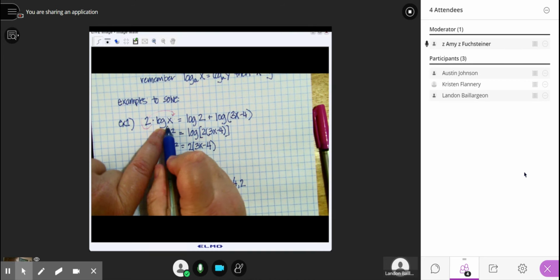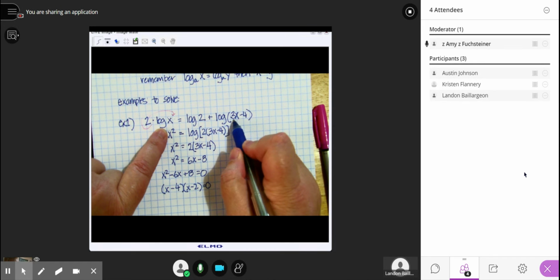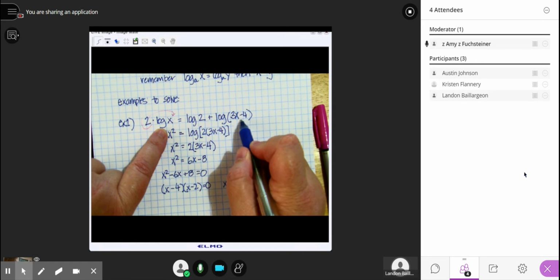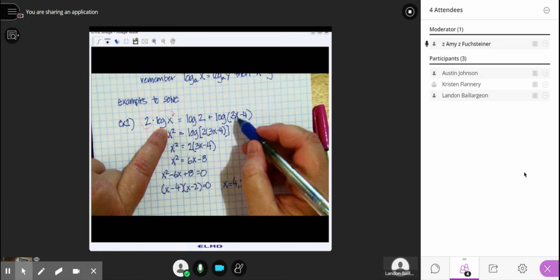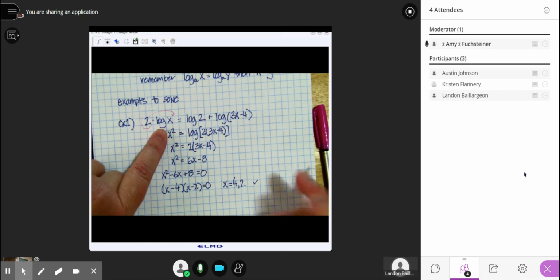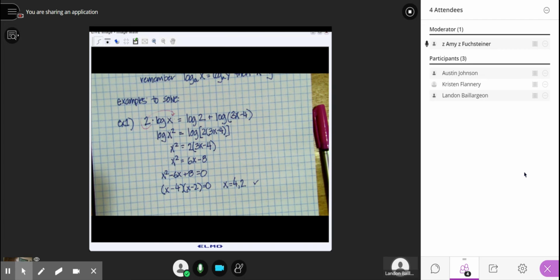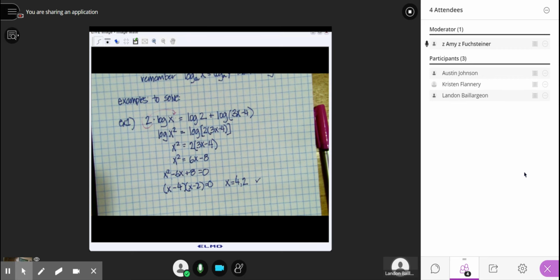Can I take the log of 2? Yes. Can I take the log of 12 minus 4, which is 8? Yep. And can I take the log of 6 minus 4, which is 2? Yep. So both of these will work in the domain of each one of those logs. Questions there? Okay.